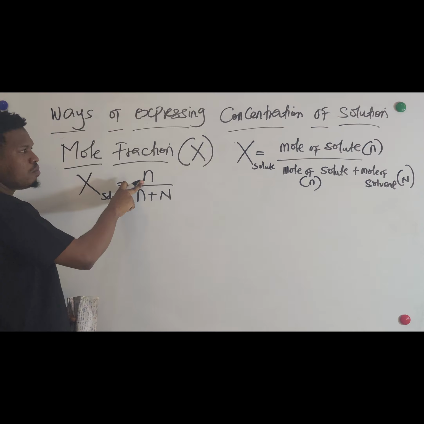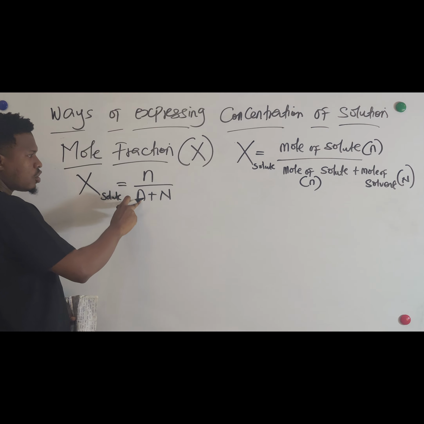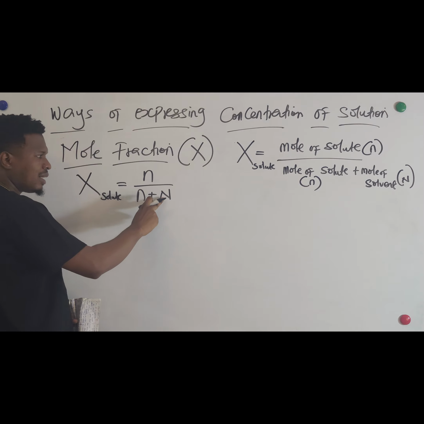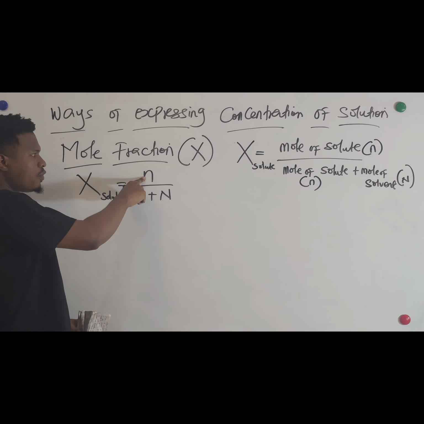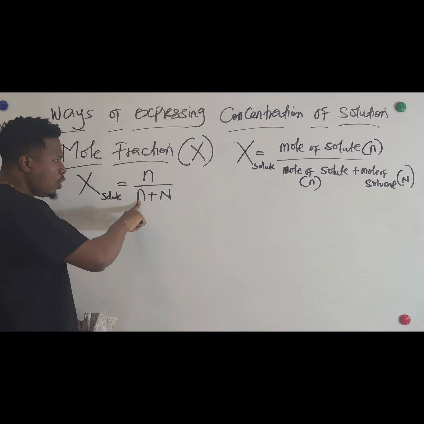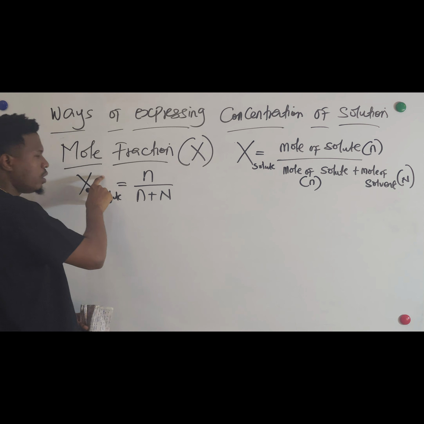Small n represents the mole of solute. Capital N represents the mole of the solvent. So mole of solute divided by mole of solute plus mole of solvent will give you the mole fraction of the solute.